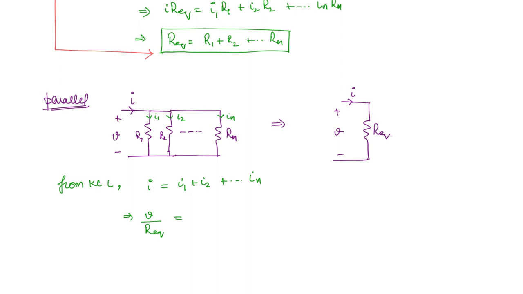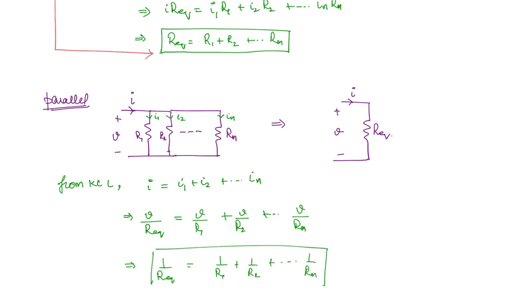So you're going to get V by R1 plus V by R2 plus so on till V by Rn. Then you can see that the reciprocal of the equivalent resistance is equal to the sum of the reciprocals of all of the resistances. This is how you get the equivalent resistance for a parallel connection.